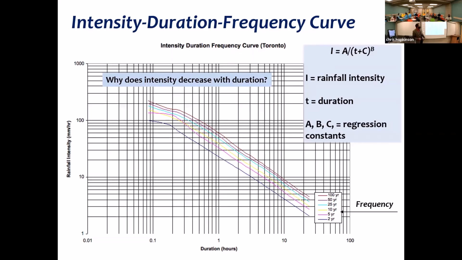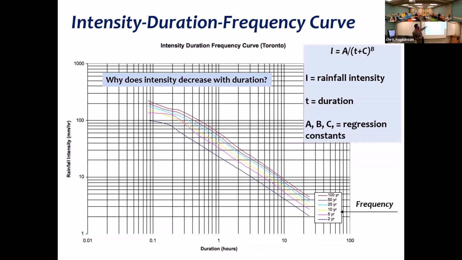And then if we plot this with time, what we see is that the intensity duration every 2 years is much lower than the intensity duration that we would expect every 100 years. So this is like a probabilistic plot. And the fact that it's log-log means that the difference between this 2-year line and this 100-year line is actually very large.